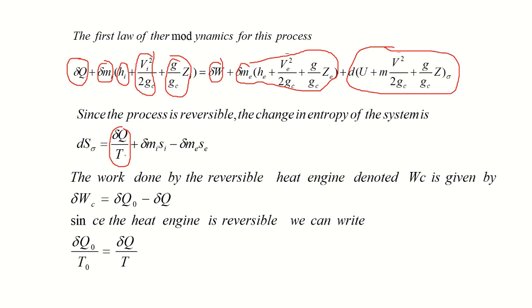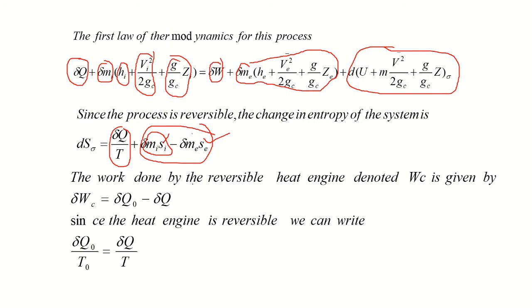So that entropy for a reversible process is delta Q by T. And some mass is entering along with an entropy s_i. That mass is leaving along with the entropy s_e. This is because of the flow. This is because of heat addition to the system.